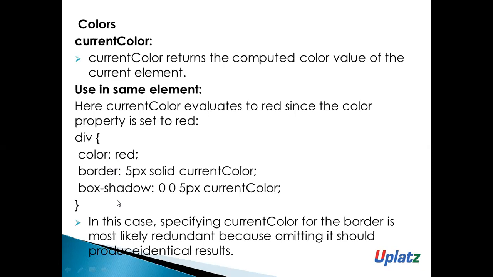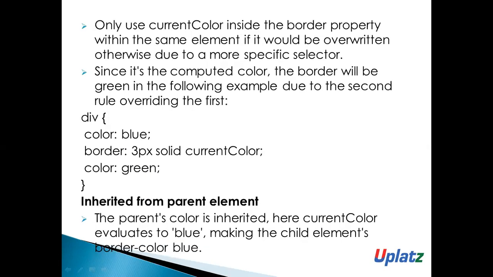In that case, specifying currentColor for the border is more robust, as omitting it will give predominant results. You can use currentColor inside the border property with the same element, but if it would be overridden due to some more specific selector, it gets avoided.